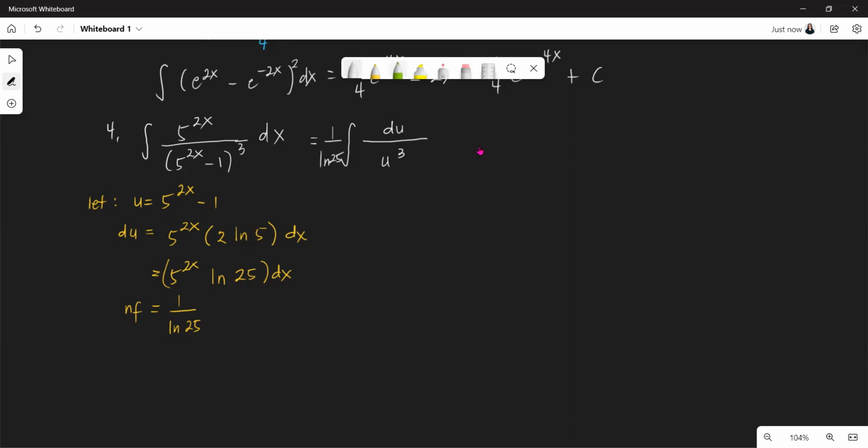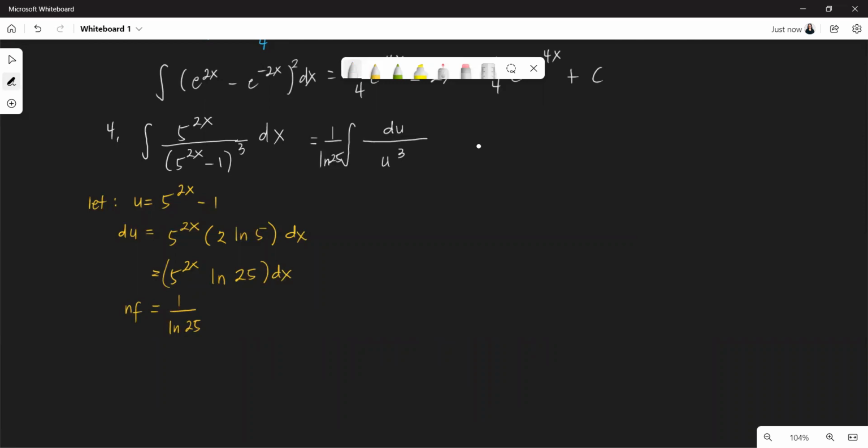I hope you can see that it is du because we put ln of 25, and you balance it by putting the neutralizing factor. So it's actually not in the form e raised to the power of u or a raised to the power of u, but instead a polynomial in the form u cube.